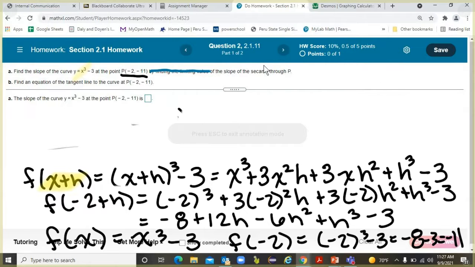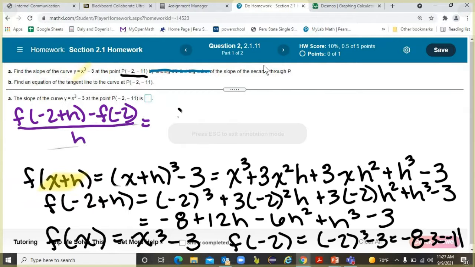I always change colors when I move to the top. All right, let's see. So we have f of -2 plus h minus f of -2 divided by h. And I found the pieces. So we're going to have -8. And actually, I think we got a few like terms here we can put together, right? So -8 minus 3 would be -11.